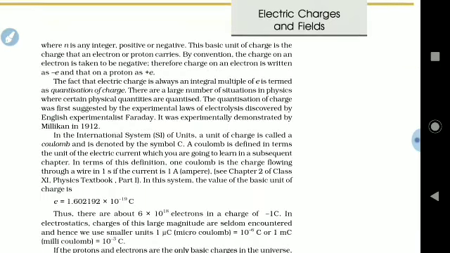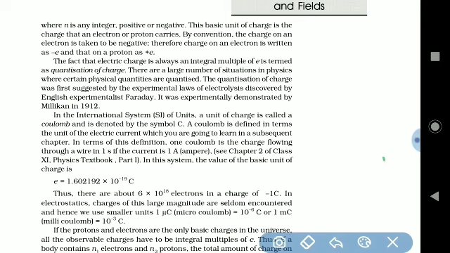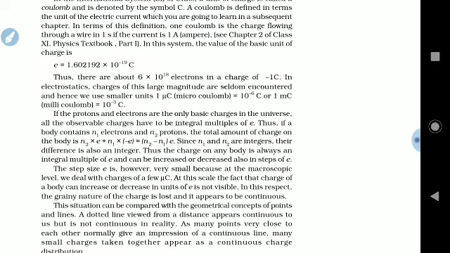Also, we know that the value of e is 1.6 into 10 raised to minus 19 coulomb. That is, this much charge is acquired by either electron or a proton. But we must remember that electron is having negative charge and proton is having a positive charge.